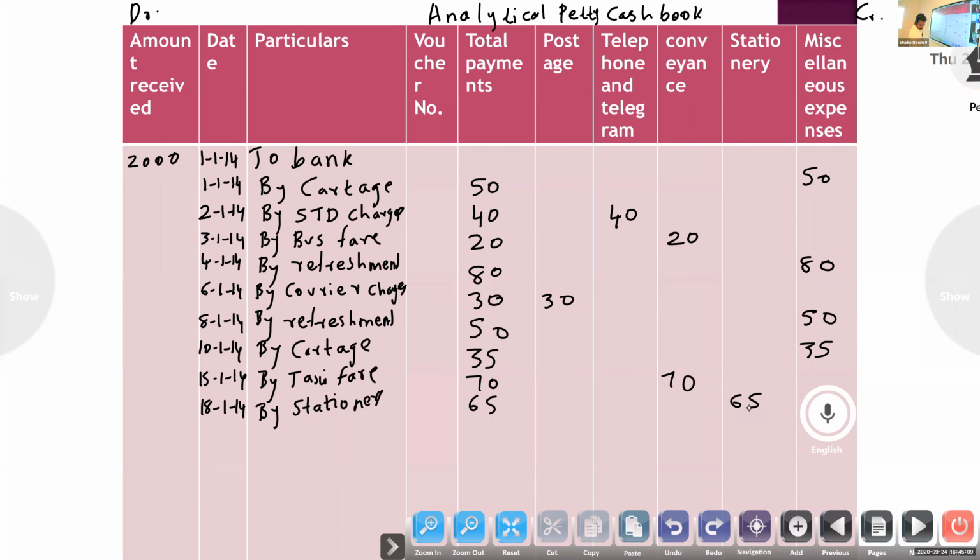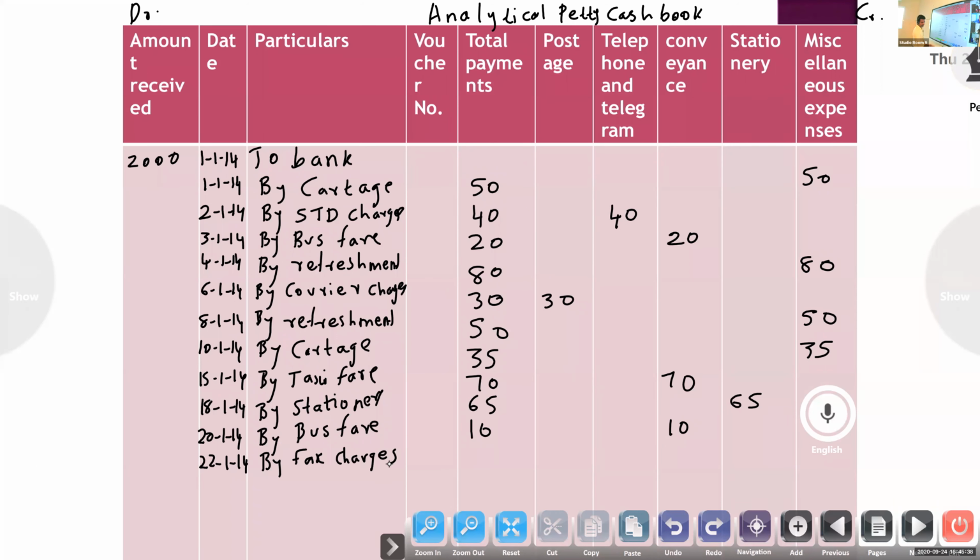Next, 20, by bus fare 10, so that also comes in conveyance. Next, 22, by fax charges.